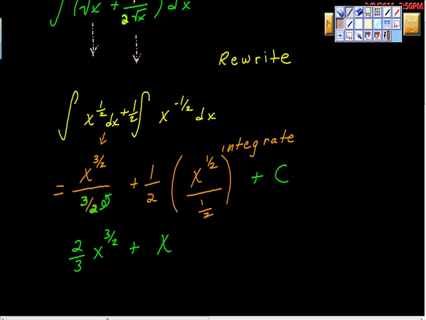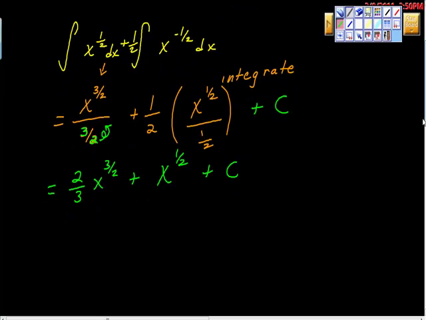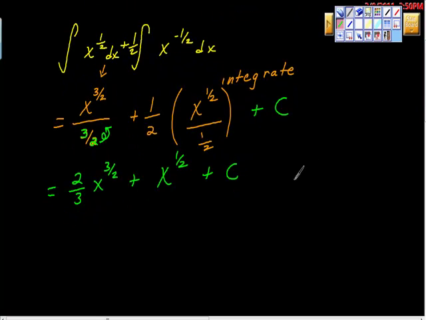We get x to the 1/2 plus c. Okay, so I think this is simplified. Actually, it's not simplified. You can pull out x to the 1/2 times 2/3 x plus 1. Can't we? Plus c here. I think that works good, doesn't it?